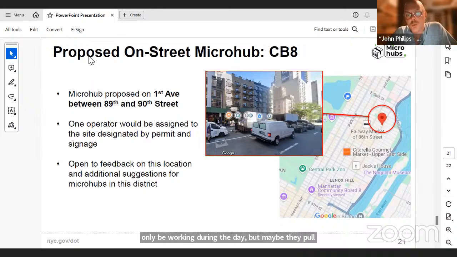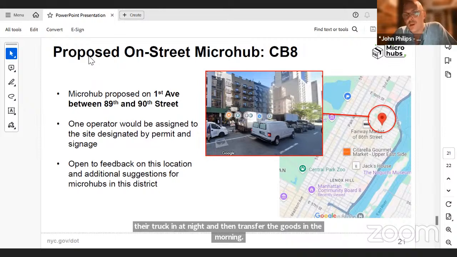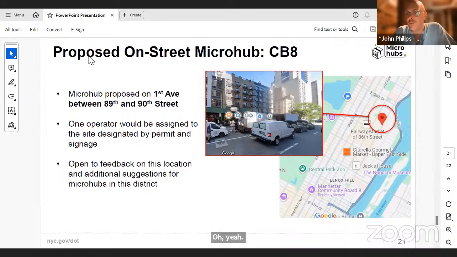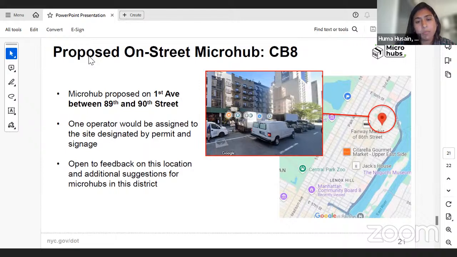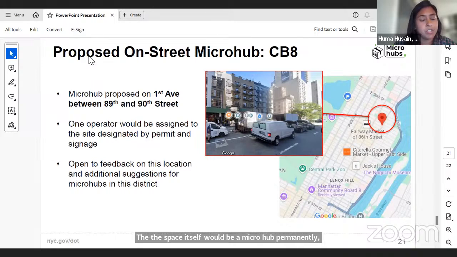So my question is more designed at use of space, and to be a little bit more particular, is this something like a 9 to 5 window where trucks and companies would be able to operate out of these spaces, or are we talking about like a permanent residency within these locations? The space itself would be a micro hub permanently, meaning that it wouldn't open up for personal vehicles to pull in when the delivery vehicles are not there. And that's because the design of the space is going to be limiting.